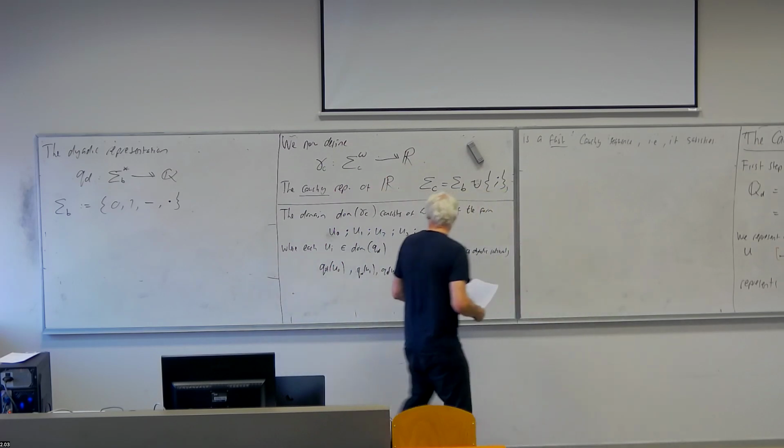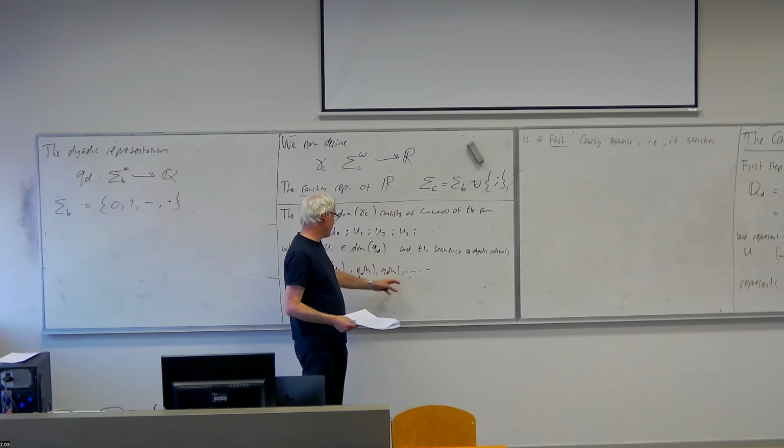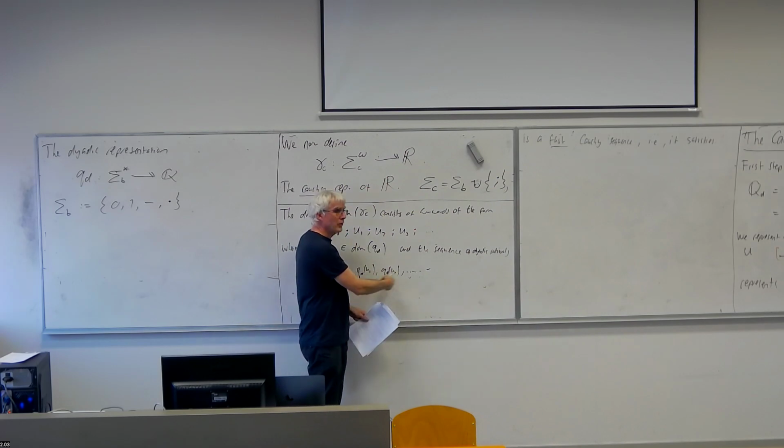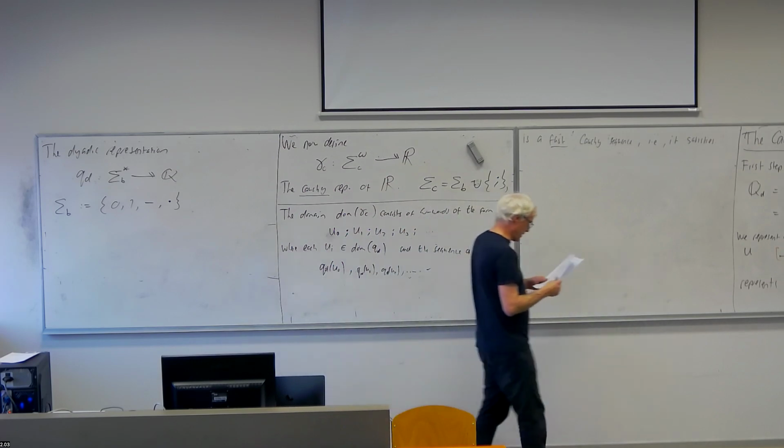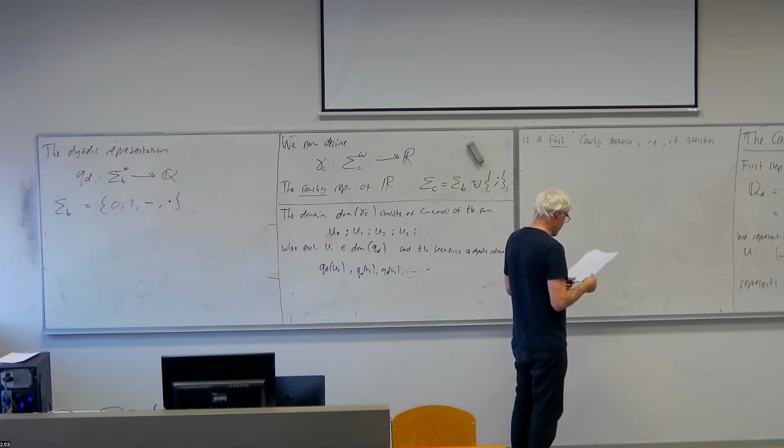What we require here is that from any nth term onwards, any two terms beyond the nth term are within 1/2 to the n of each other. So it's converging rapidly, exponentially.